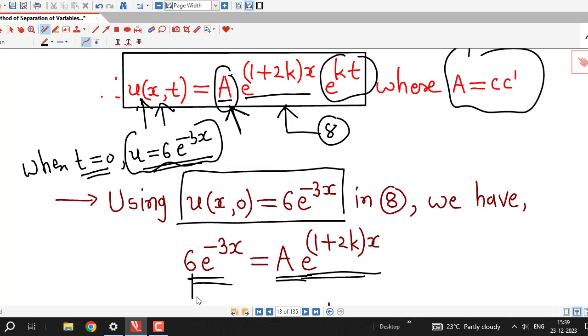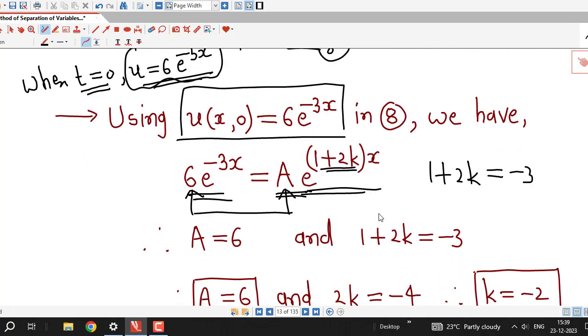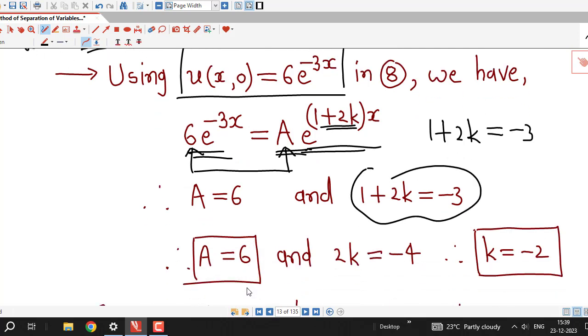By comparing, we find that the value of capital A is 6, and if we compare the coefficient of x in the exponential function, we can observe that 1 plus 2k must be equal to minus 3. So I have written that here. And from this, 2k is minus 3 minus 1, that is minus 4, therefore k is minus 2 and the value of A is 6.